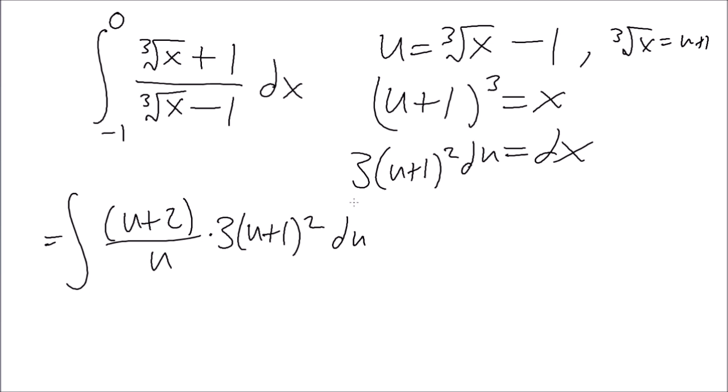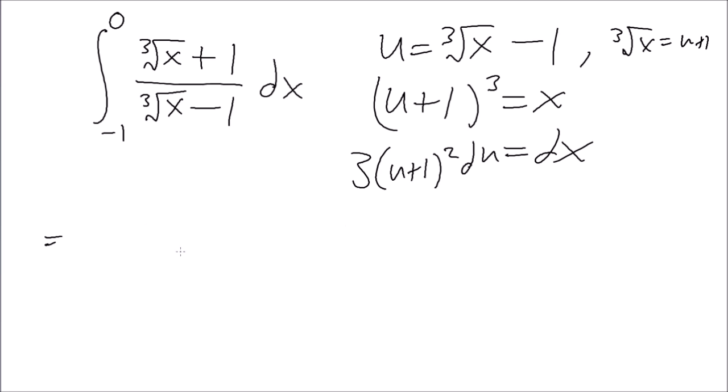Oh god, this is just nasty, because then you have to square this and multiply it with this and then divide by u. You'd have to be an algebra Olympiad.